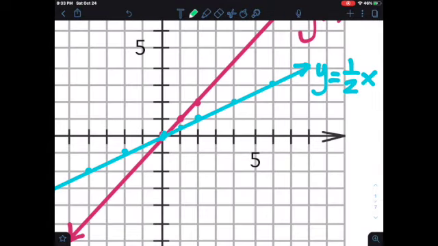Let's make the box really big then you can see. So you have 0, 0, and then you have 1 and 1/3. So 1 and 1/3 is about right here, a little bit lower than half.